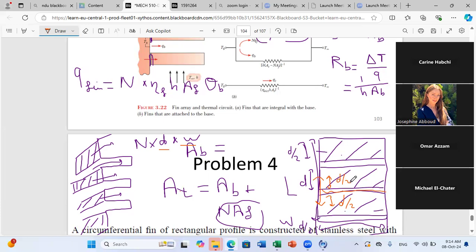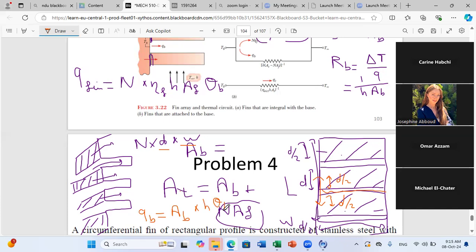And this area is directly exposed to the atmosphere. So you can consider that for this area, what is Q lost? So Q base is equal to the area not covered by fins, I will call it AB, times H times delta T at the base, theta base.